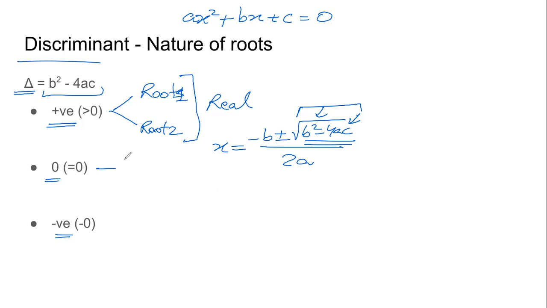And it will be real. A fraction will be real. So real and root 1 equals to root 2. That means when the discriminant is 0, the equation has real roots, but they are equal. They are not distinct. They are not different. They are equal.